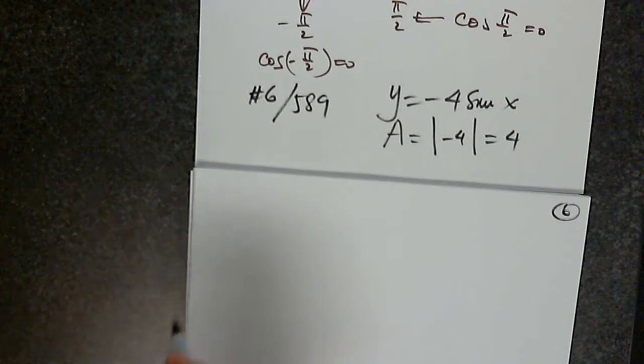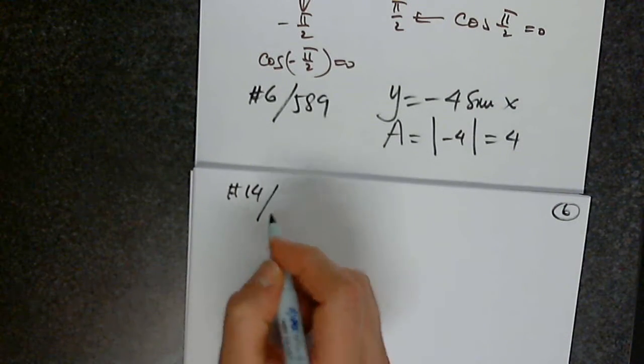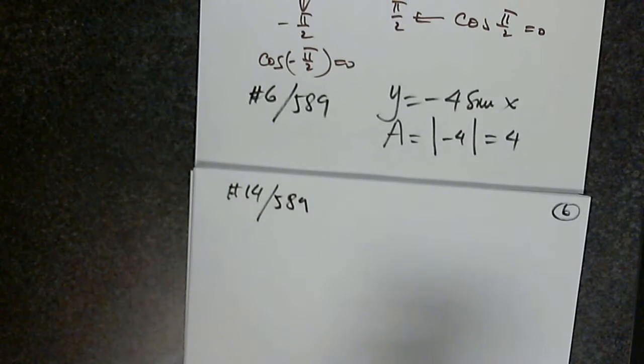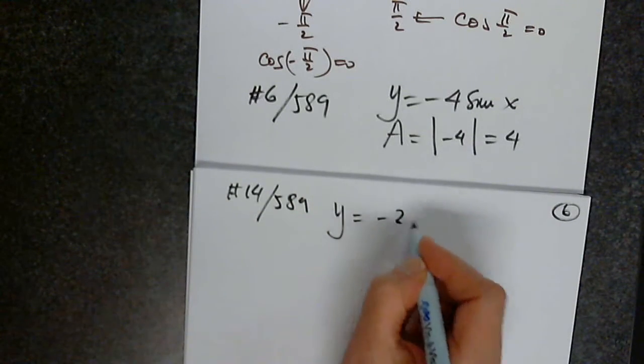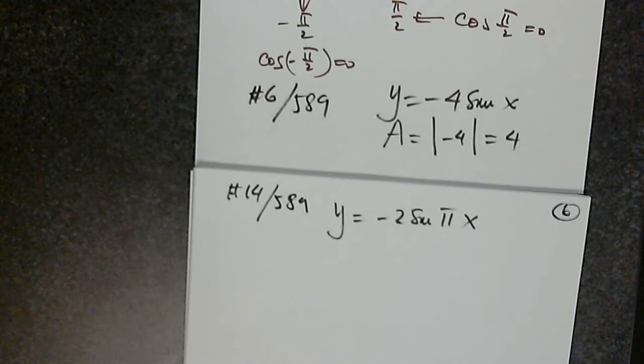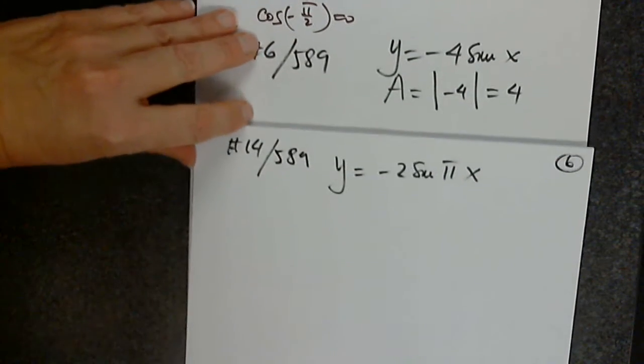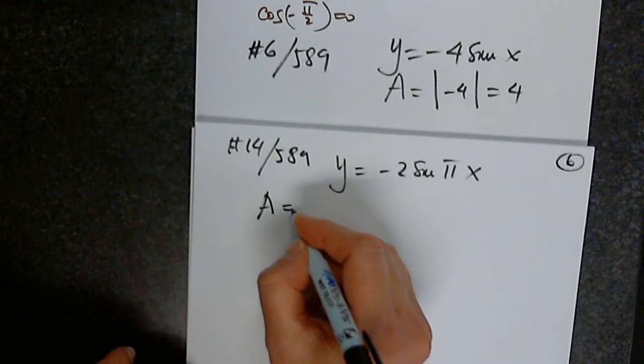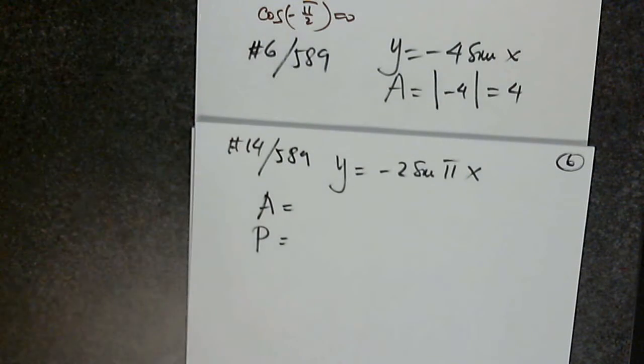Okay, let's look at problem 14 on the same page, 589. So I have y equals negative 2 sine πx. I'm asked to determine this time two things: the amplitude and the period.